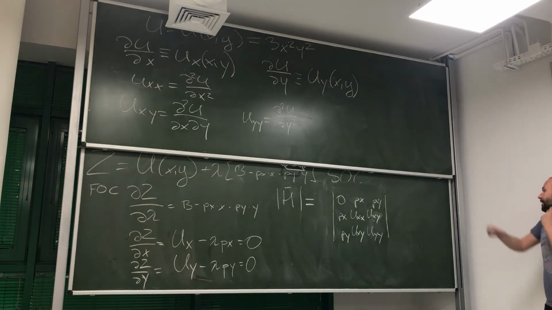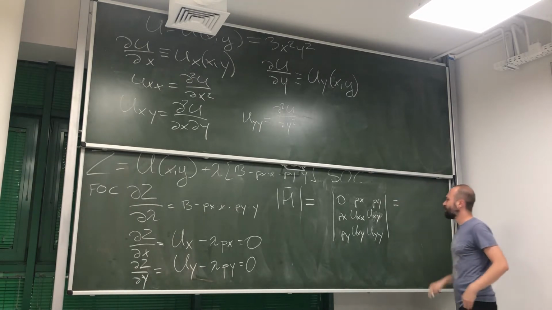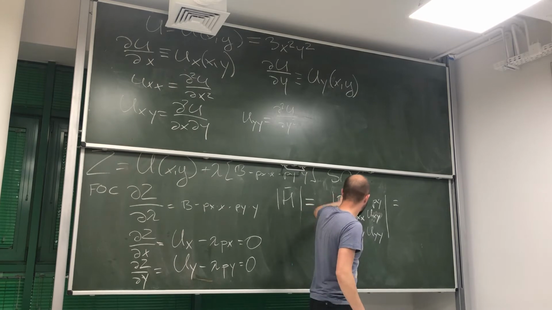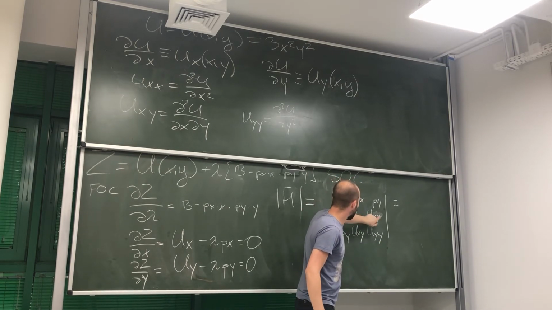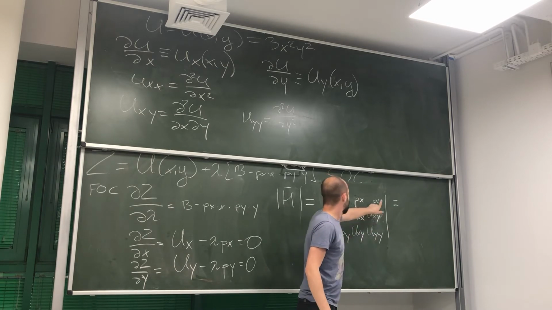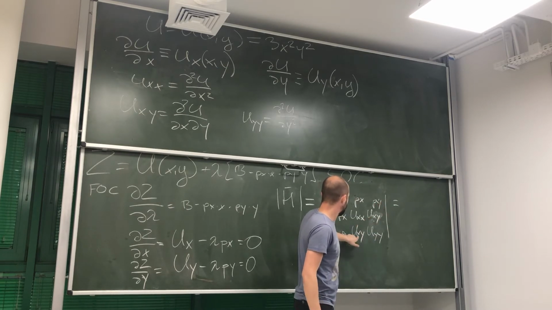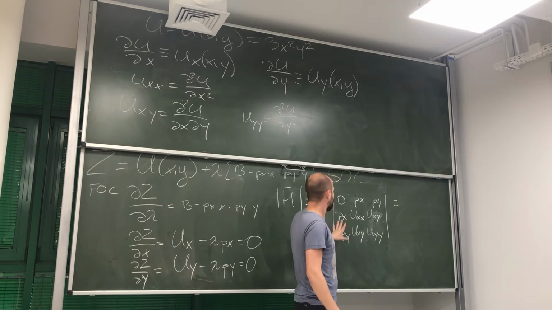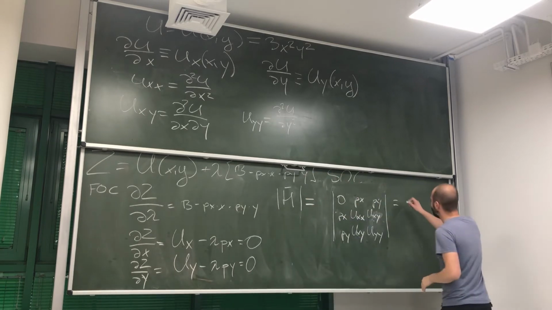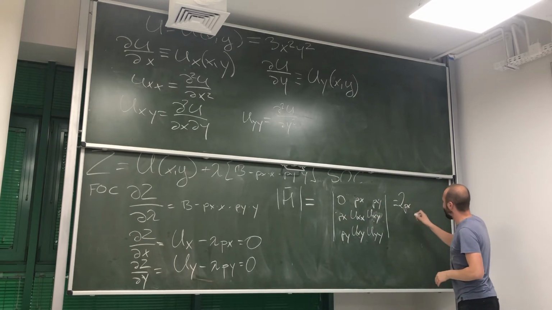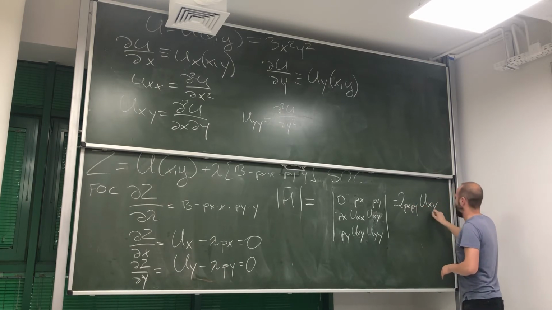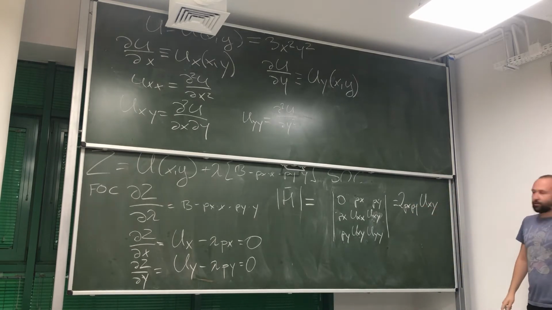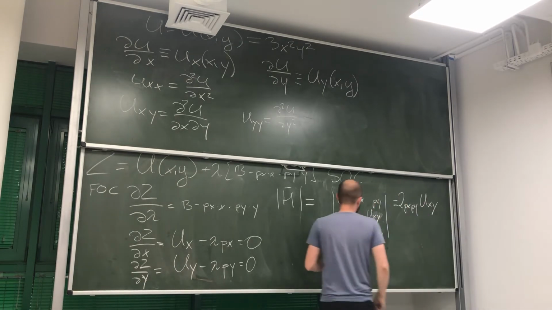Yeah, so let's calculate. Okay, look. Here we have 0, and here I have px, uxy, py. Py, px, uxy, right? So we've got this expression twice. So we've got 2 times px, py, uxy, right? We have this twice. Okay, what else then do we have?